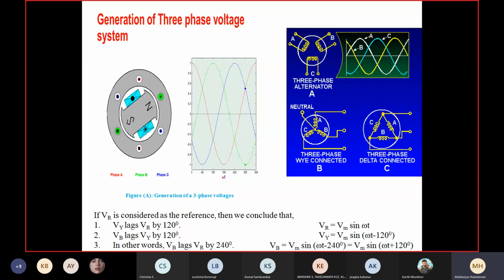What is star connection? How is it formed? What is delta connection? How is it created? We need to understand these. Once we understand, we need to understand the relationship between line voltage and phase voltage, and line current and phase current.